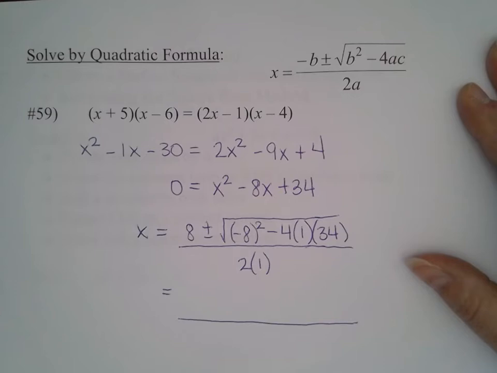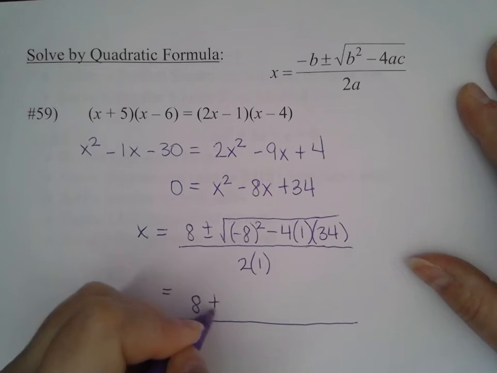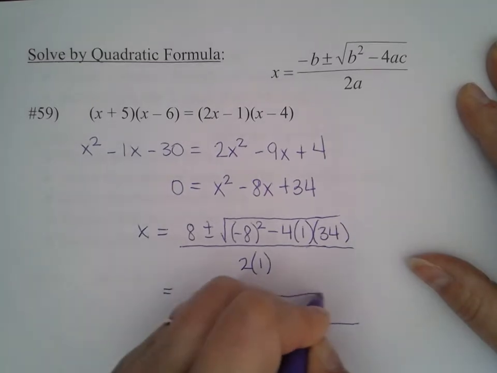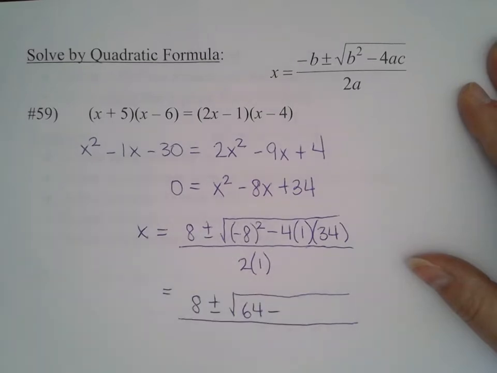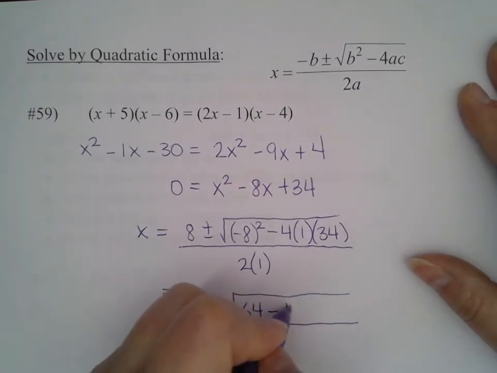Okay, and then we could work out what we have under the square root. So this will be 64 minus 128.